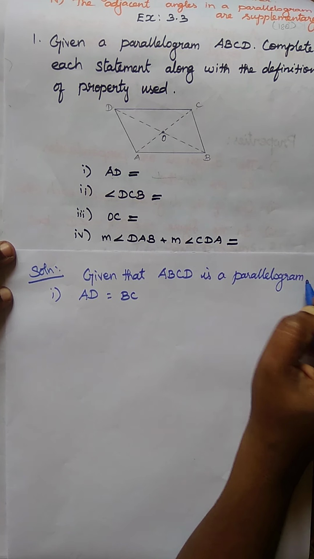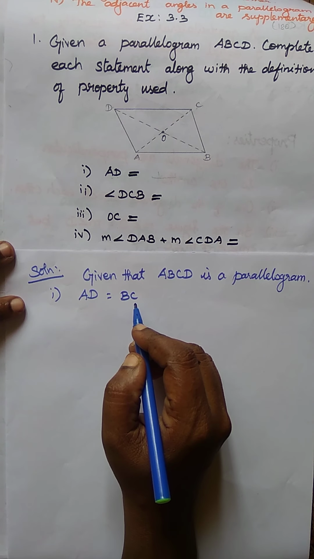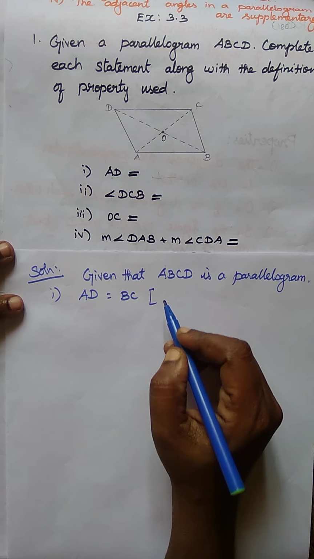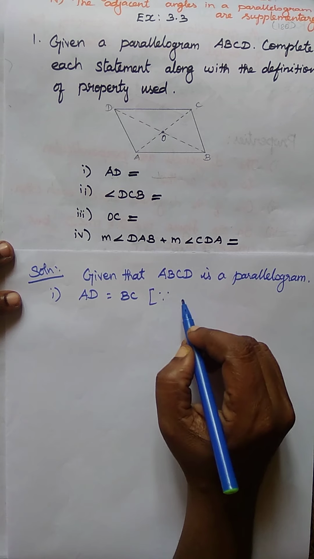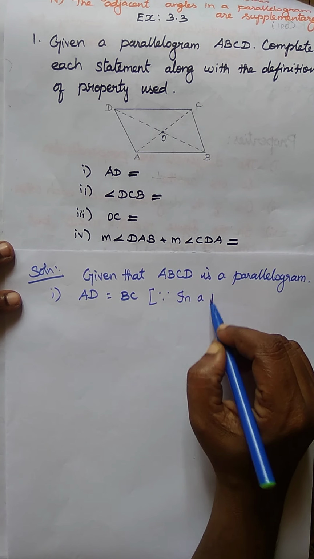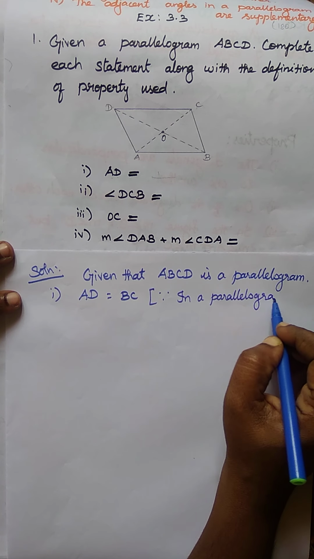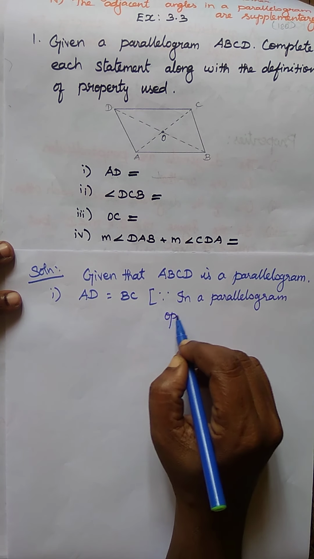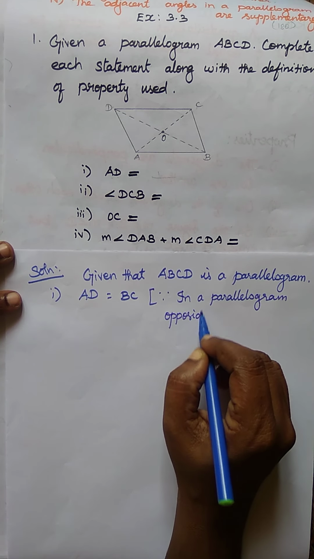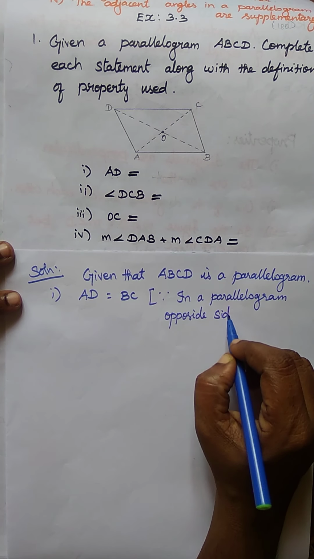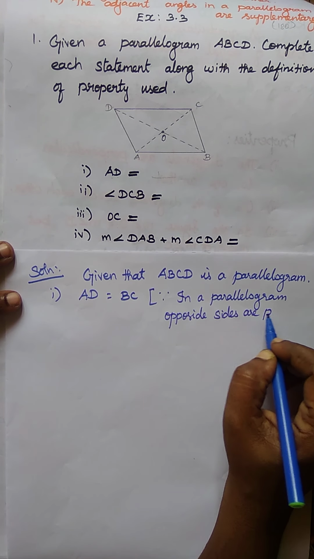Now AD is equal to BC. What is the reason? Since in a parallelogram, opposite sides are equal.